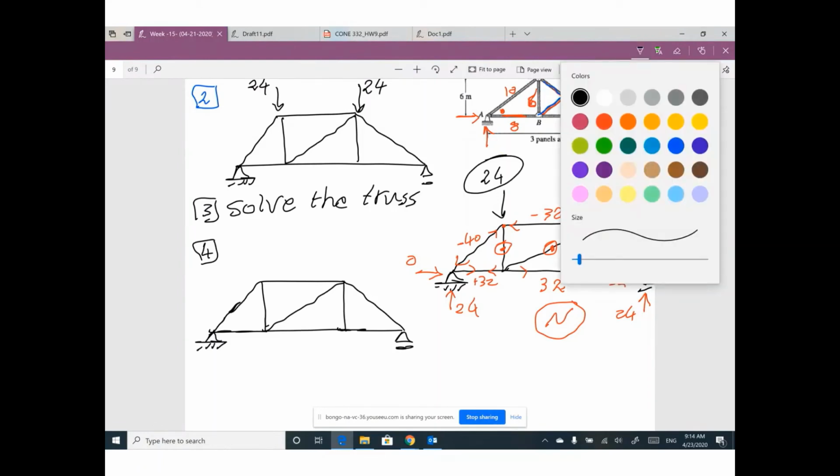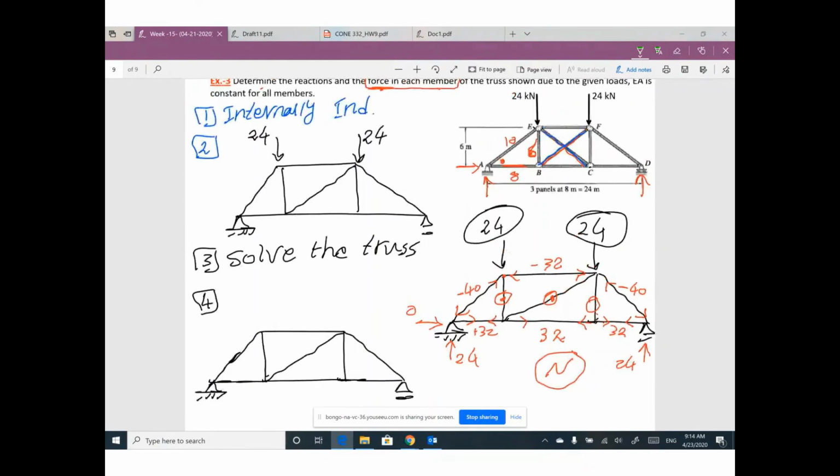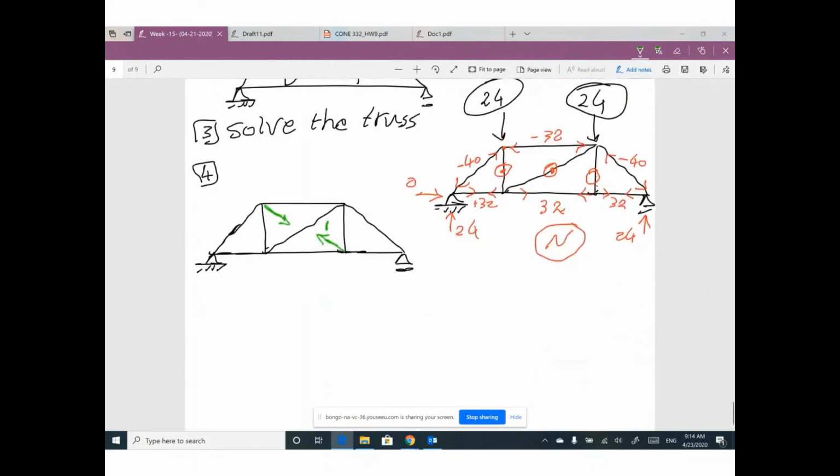Can you remind me what was the extra unknown that you removed? Yeah, I removed the member CE. This member, I removed this one. Okay, go ahead and put this one equal to unit, 1 kilonewton. And solve your truss one more time to get small n.